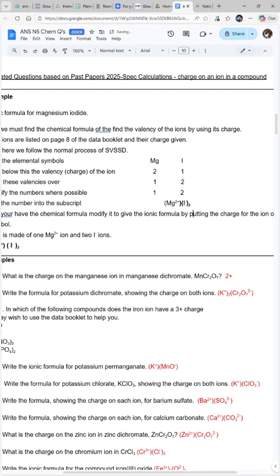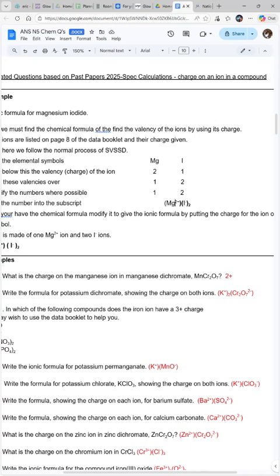What we can see from doing that is that in the ionic formula for magnesium iodide, we have 1 magnesium 2+ ion, because of the valency being 1, and then we have 2 iodine 1 negative ions. The important thing here is that overall magnesium iodide has no electrical charge.